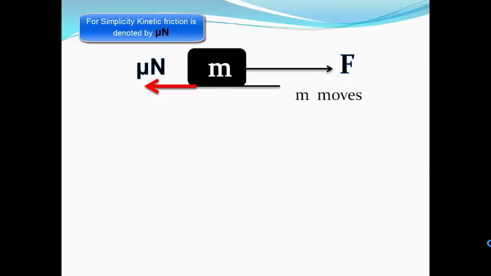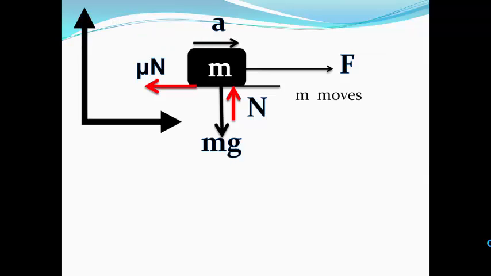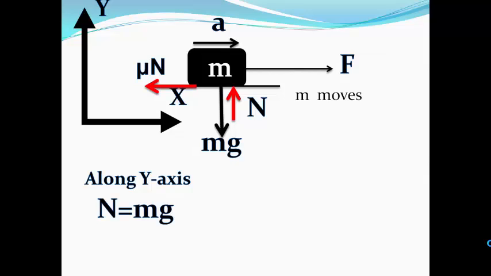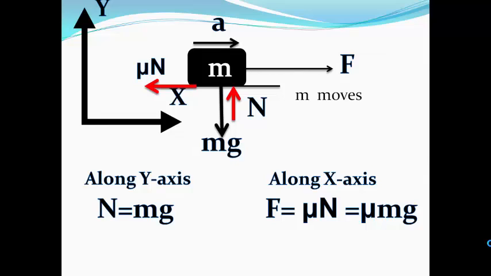Labeling other forces, mg acting vertically downwards, N acting vertically upwards, acceleration in the direction of applied force, and choosing our axis x and y. Therefore, along y-axis N will be equal to mg, whereas along x-axis f will be equal to mu N, that can also be written as equal to mu mg.